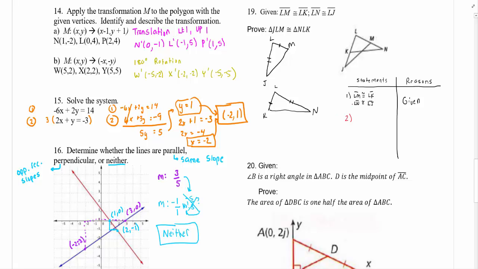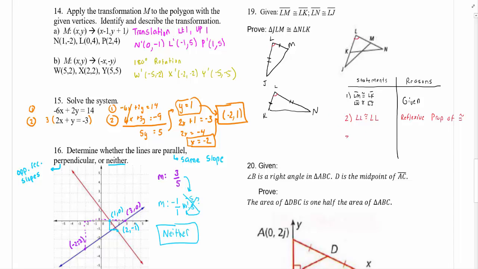Now this is not a vertical angle situation, but look, both of these triangles overlap right here at this angle. That's the same angle, guys. So I can label that angle congruent to itself. Angle L is congruent to angle L. This is your reflexive property. It works with sides and with angles. It's the reflexive property of congruence.